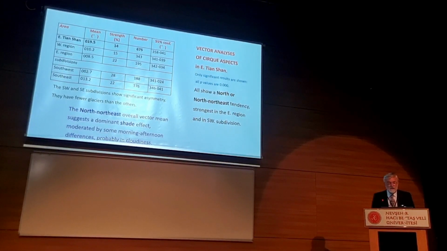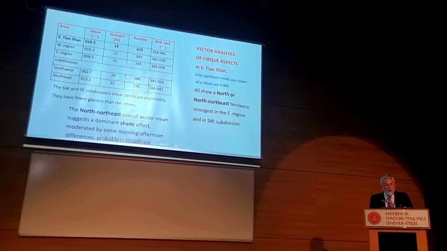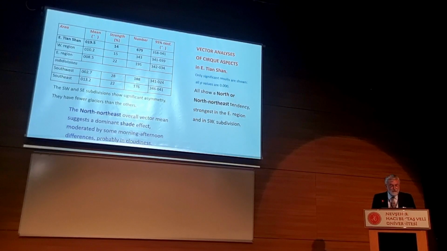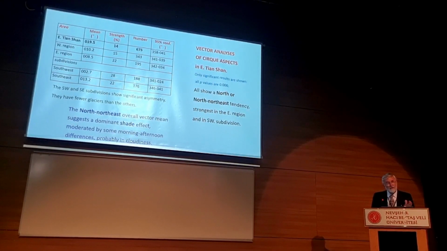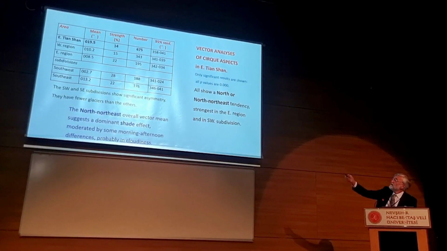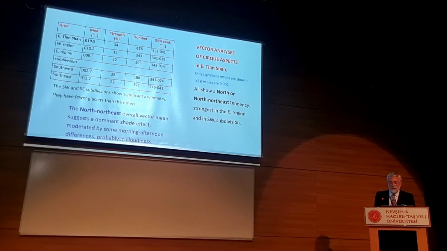Now, in the eastern Tian Shan, all of the areas I've shown here show a north or north-northeast tendency. In other words, the dominant effect on cirque aspect here is shade, possibly with a little bit of a morning-afternoon difference, giving a slight eastward displacement. So you see all of those vector mean directions are somewhat east of north.